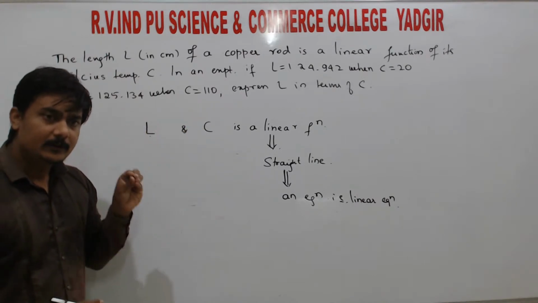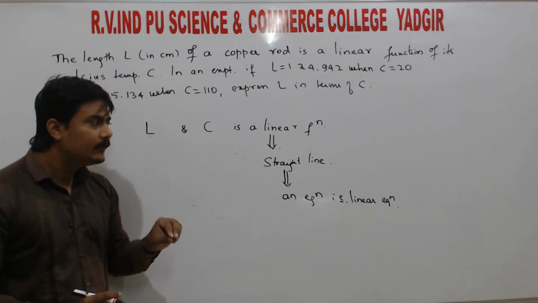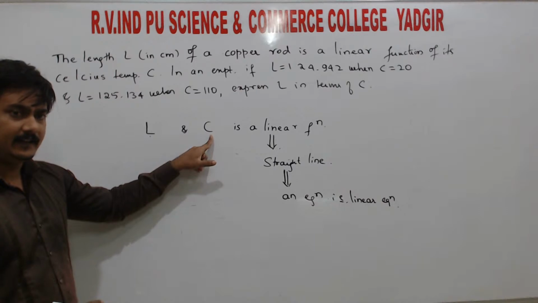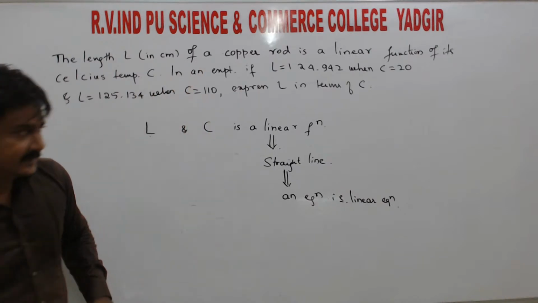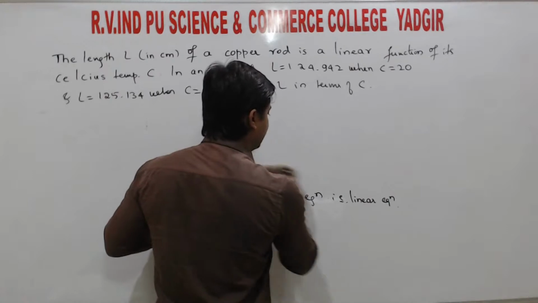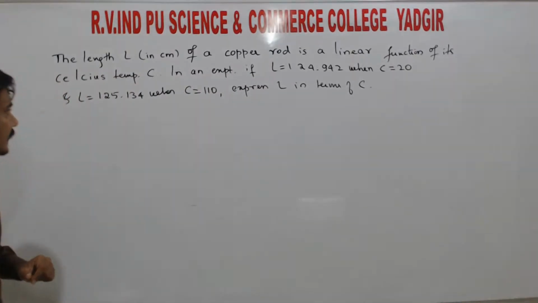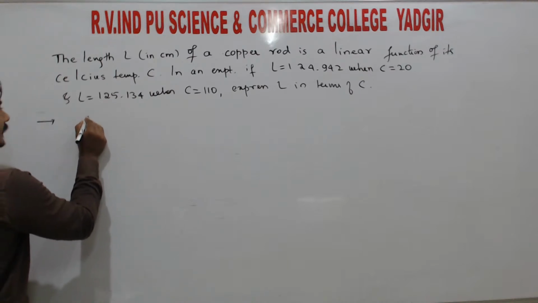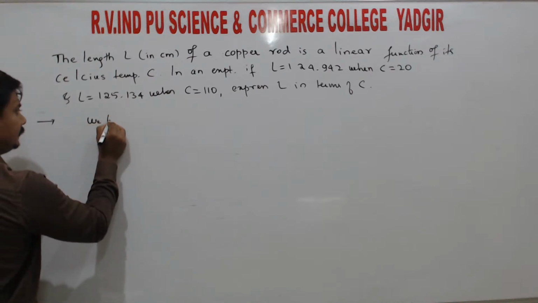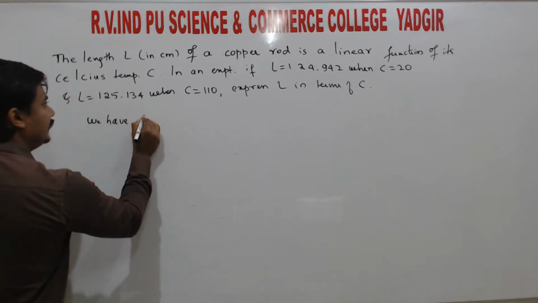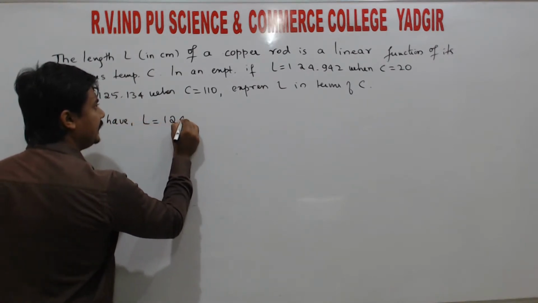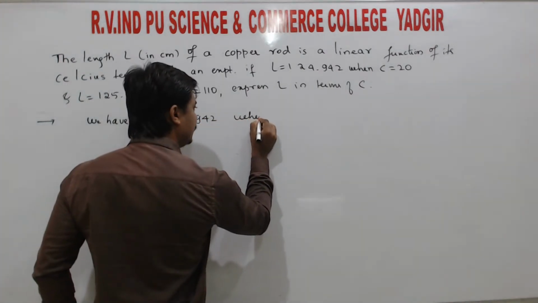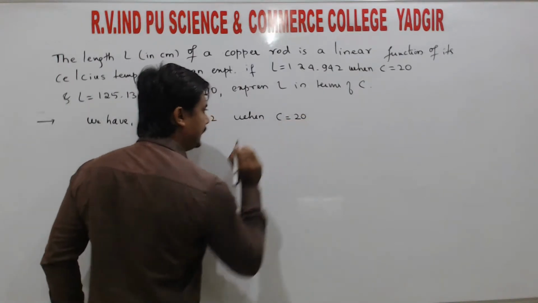So now the question in front of us is, how do we write down that equation of a straight line containing L and C? Let us use the given data, children. We are given L equals 124.942 when C equals 20.